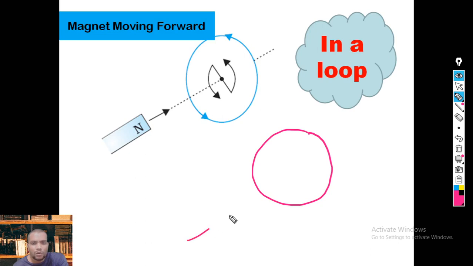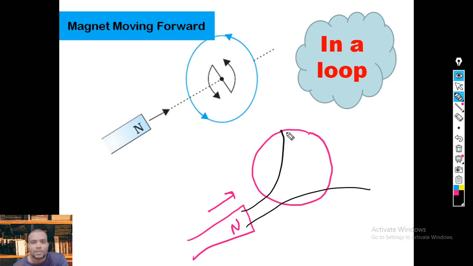Now you bring the bar magnet close, this is the moving direction, and this is the north pole of the bar magnet. It contributes magnetic field lines, and they pass through the loop. Because of these magnetic field lines, an induced current comes in the loop.